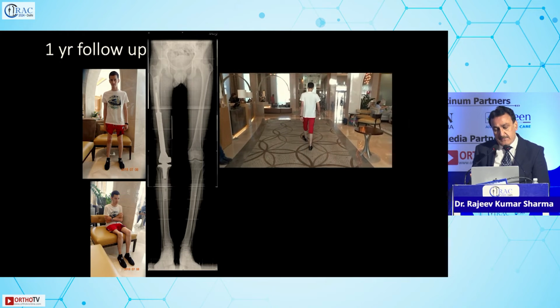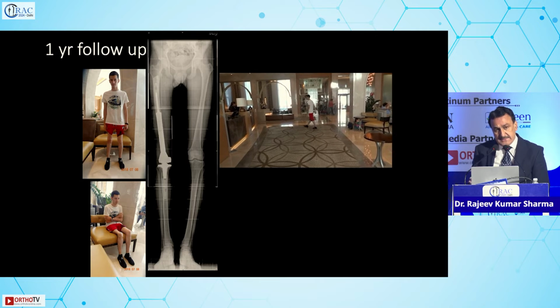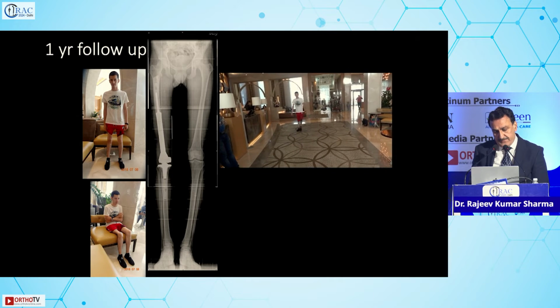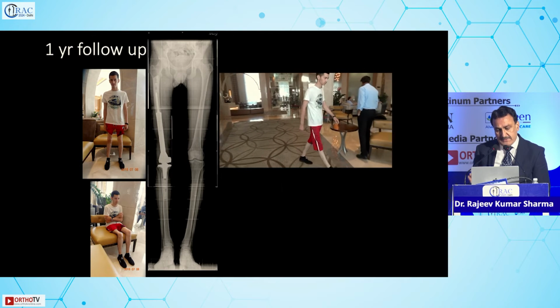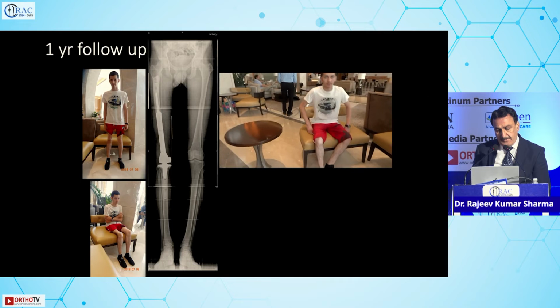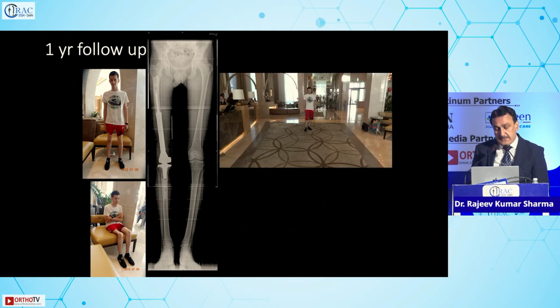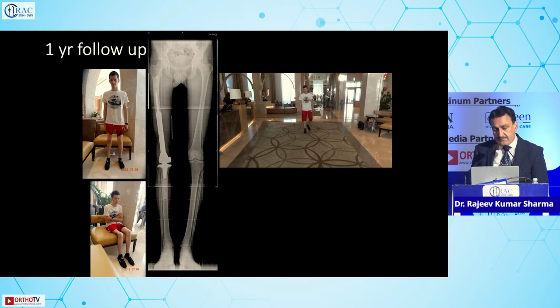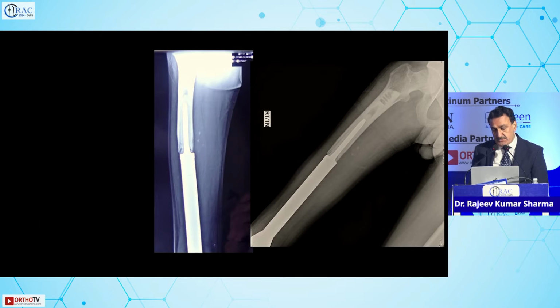The patient is able to walk almost without a limp, with a reasonably stable knee joint, and was able to sit comfortably, as we'll see here. And this boy was doing many activities which probably we should have asked him not to do so much. When we see this boy at the follow-up of 1.5 years, he seems to be doing well.